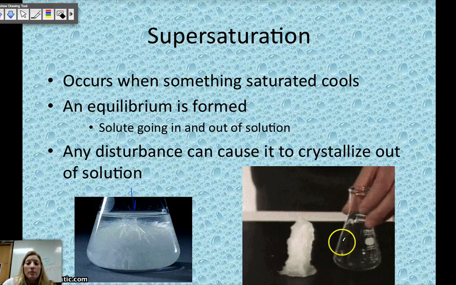In this video, you notice that as this man starts pouring, the stuff in the solution is clear, and then as he pours it out, it disturbs it, and it comes out as a solid. So any disturbance can make it crystallize out. And we'll kind of see this in a lab we do later this week.